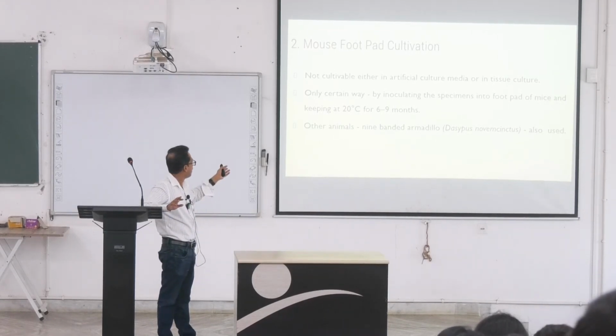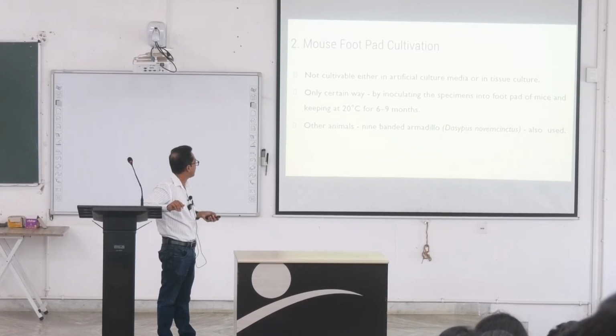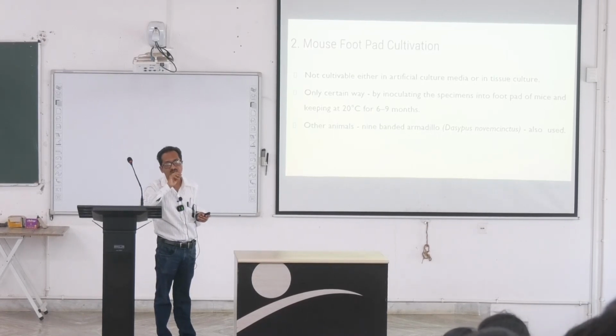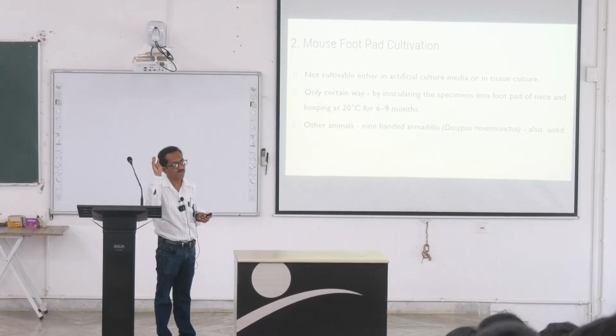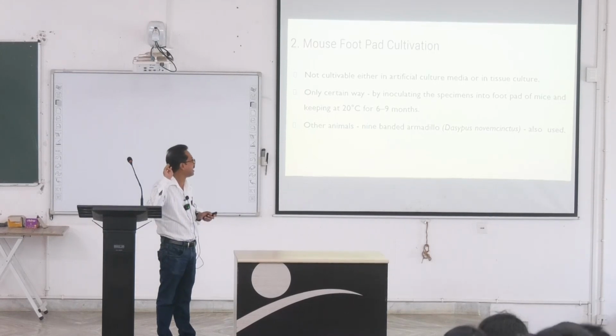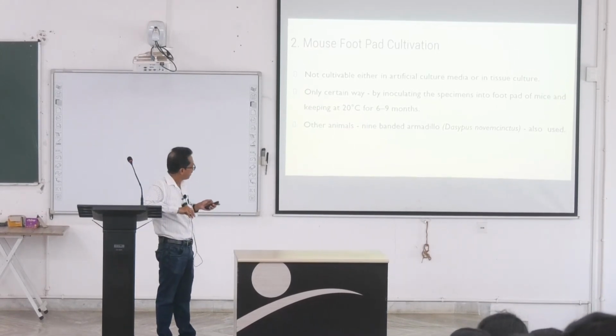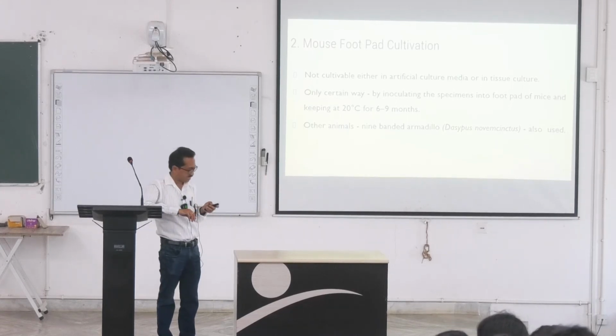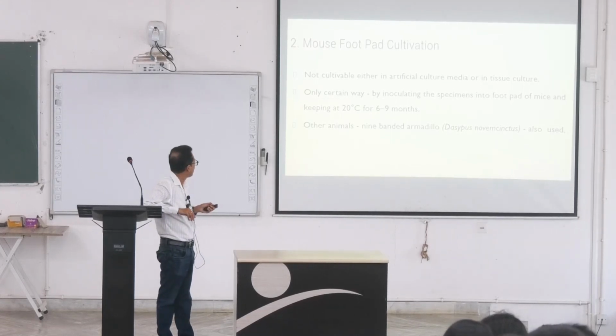The other animal is the 9 banded armadillo. Remember these two names for animal inoculation: the foot pad of mice and the 9 banded armadillo. These are the two animals where you can cultivate Mycobacterium leprae.